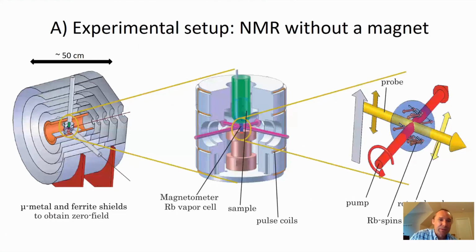All right, back to the basics. Let's start with part A, which is about the essential elements of a typical ZULF-NMR experiment, or NMR without the magnet, as it was sometimes called in the popular press. First of all, if you want to do a ZULF experiment, it is reasonable to shield the Earth's magnetic field so that you can get down into the magnetic field ranges where the NMR frequency is 0.